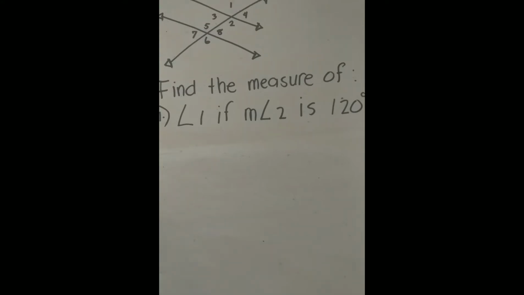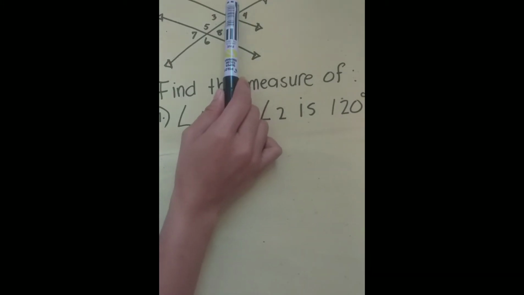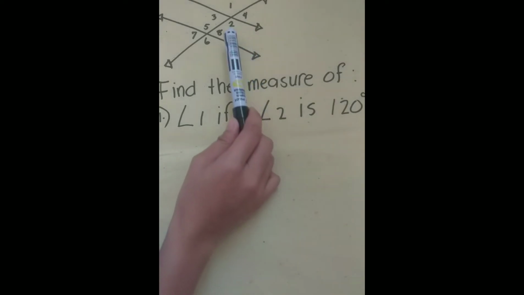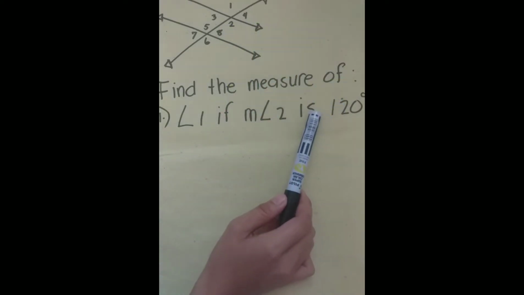Okay, so number 1. What is the measure of angle 1 if the measure of angle 2 is 120 degrees? Okay, so let's locate our angle 1. This is our angle 1, right? So we are going to find the measure of angle 1 if the measure of angle 2 is 120 degrees.